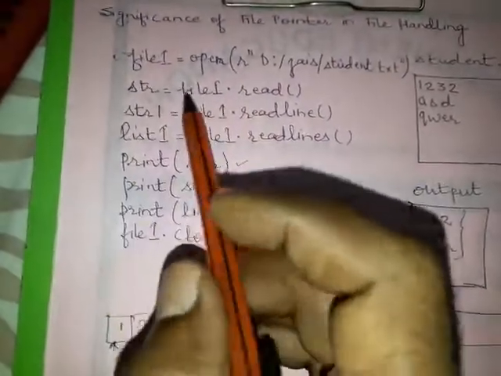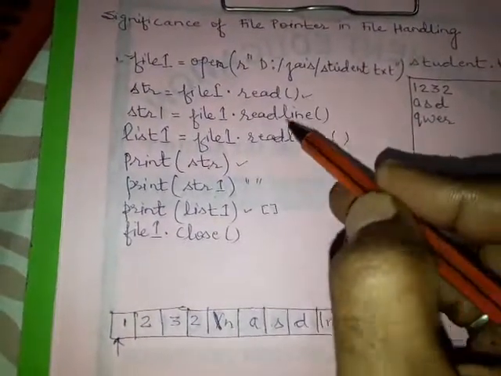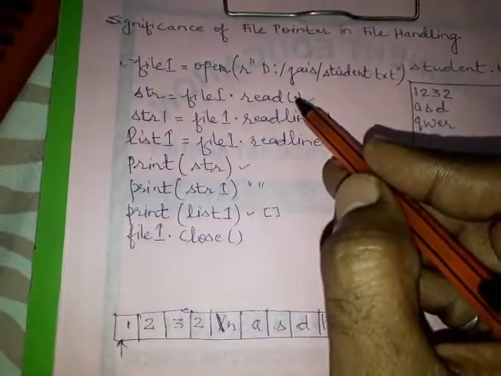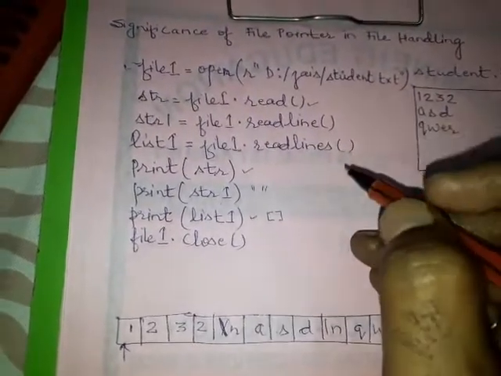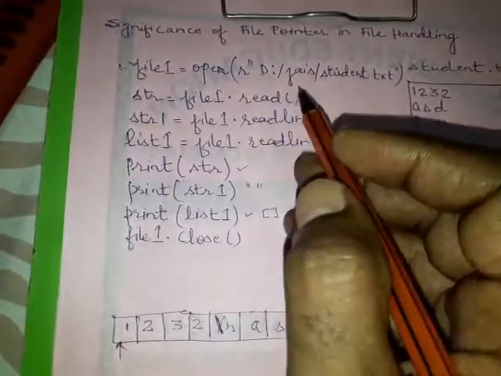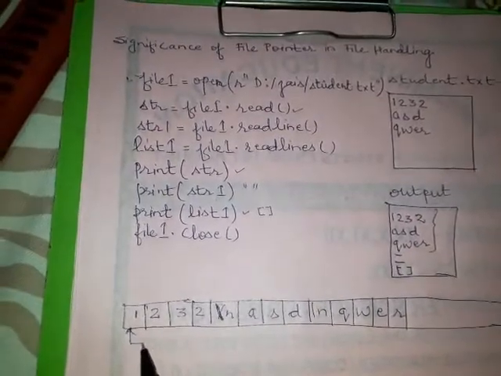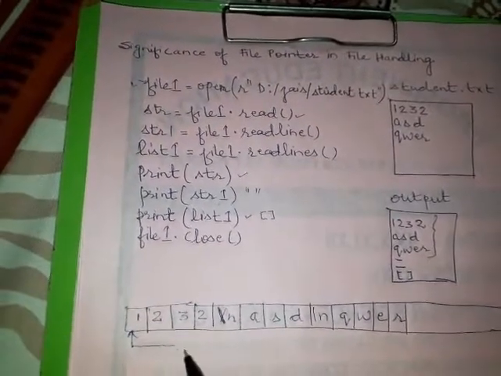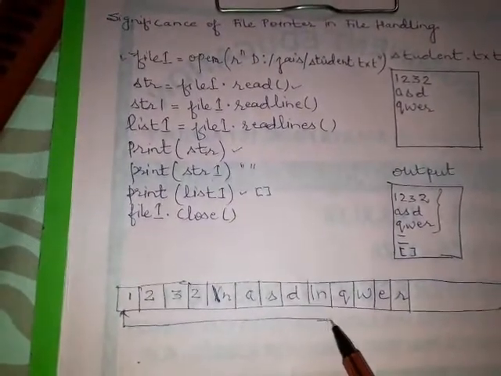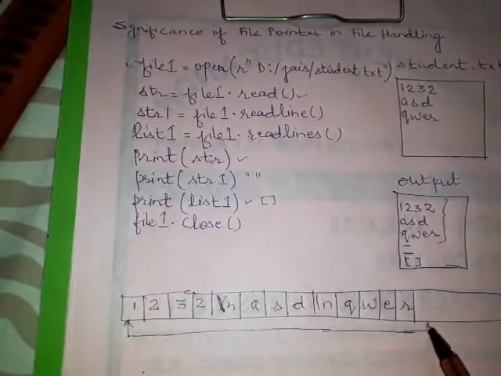When you read str equals file1.read, this read function will read all the content of the file unless you mention bytes in the argument list. It means the file pointer will traverse in this direction and read all the content of the file, and the position of the file pointer after reading is this position.